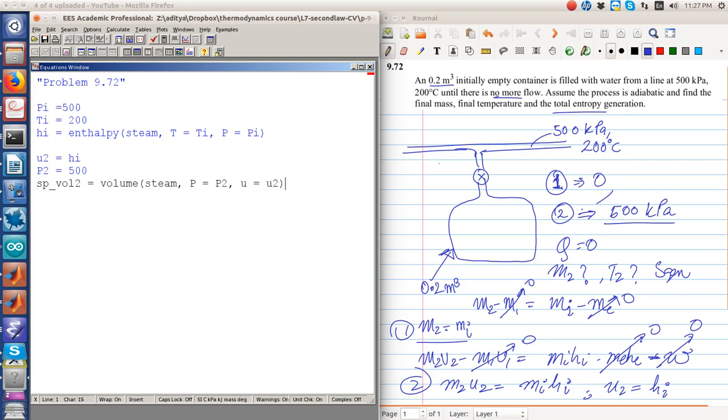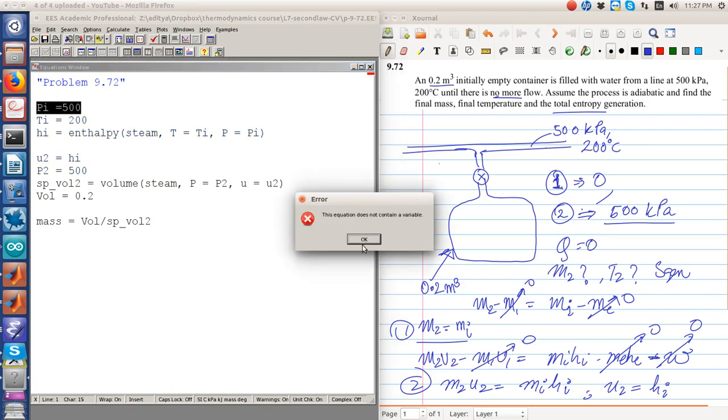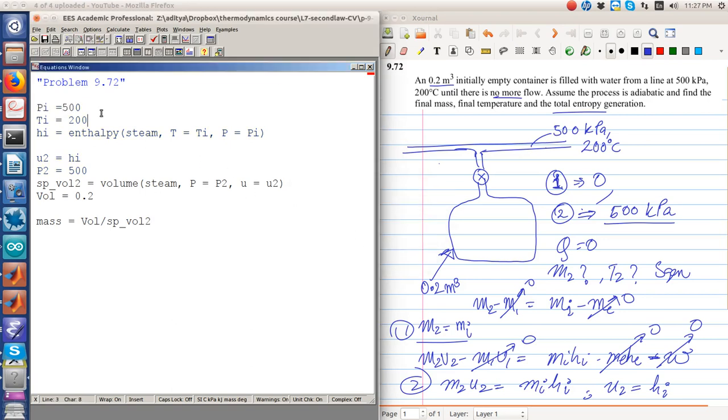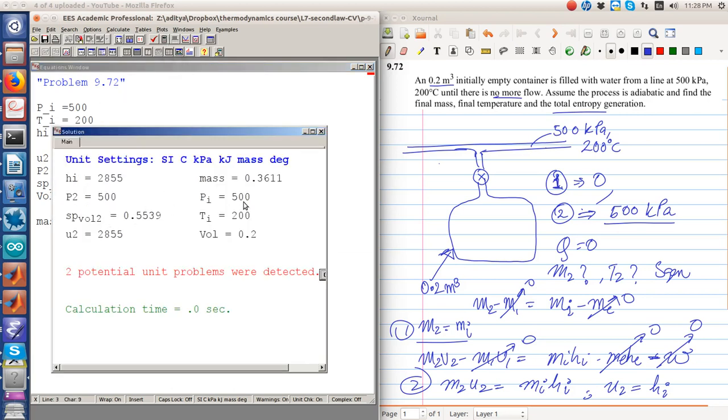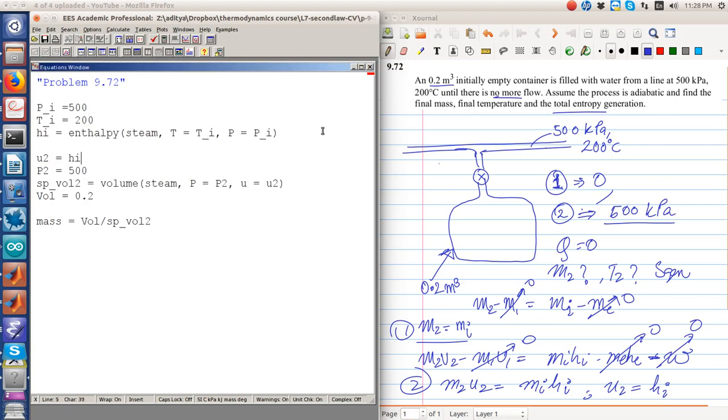Using the specific volume and the total volume equal to 0.2, the mass equal to volume divided by the specific volume. So the final mass is equal to 0.3611.